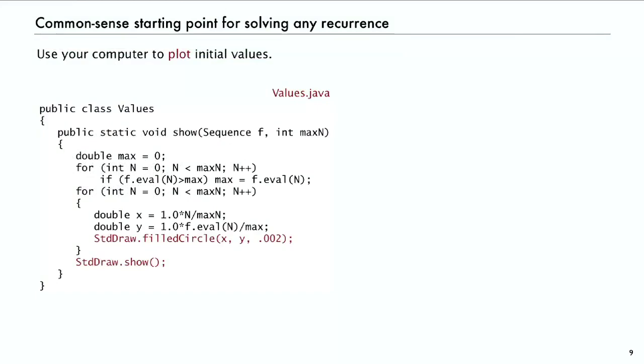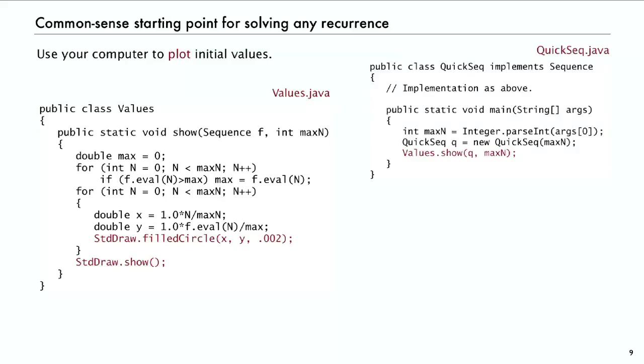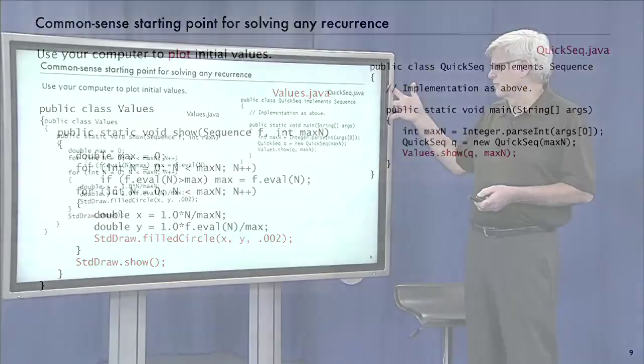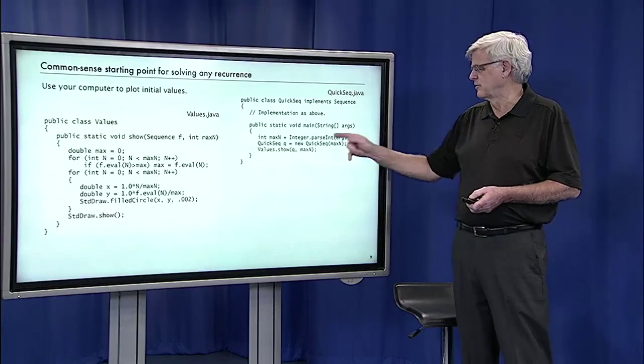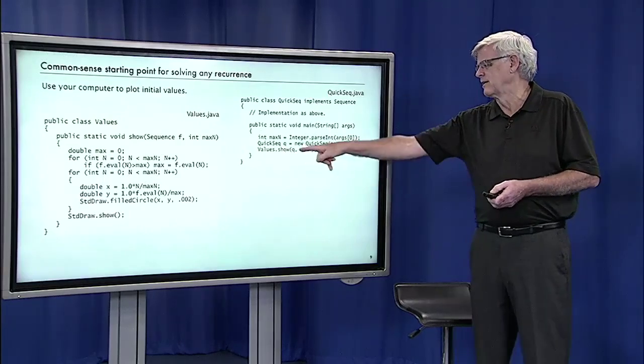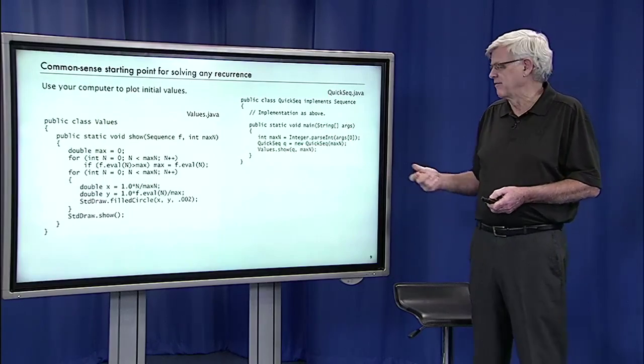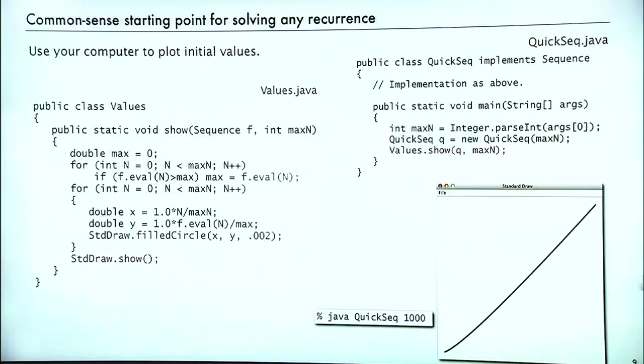And I'll have some examples later on that use this kind of code to just draw the value of each recurrence for n on the x-axis and the value of the recurrence on the y-axis scaled to the largest value. That's what this code does. So in the case of quicksort, if we use a call on this show method instead of printing out the values, then you get the curve like that, which is the curve for n log n in this case.